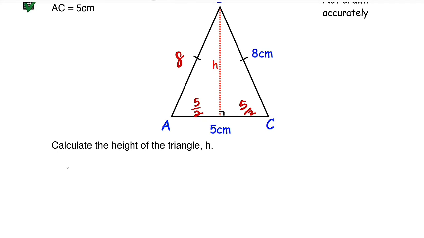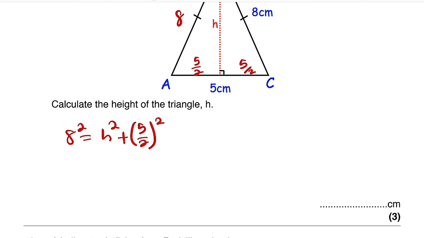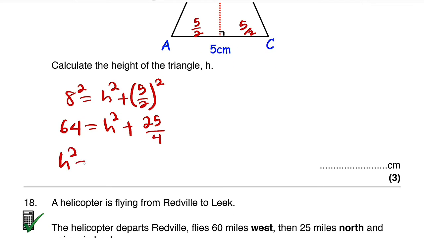So to find h, we can say that hypotenuse squared is equal to h squared plus (5 divided by 2) also squared. 8 squared is 64, equal to h squared plus 25 divided by 4. And h squared is equal to 64 minus 25 divided by 4. 64 multiplied by 4, then we minus 25.